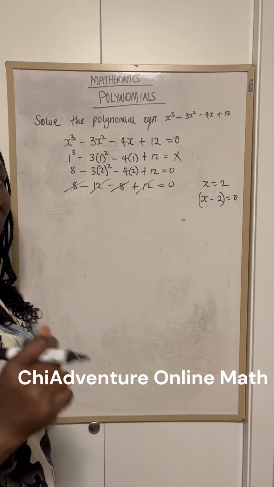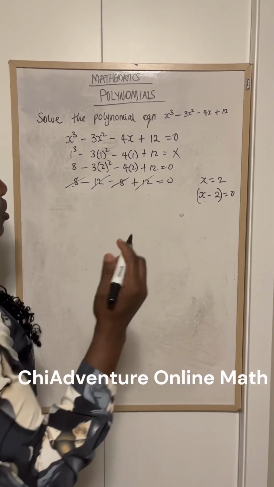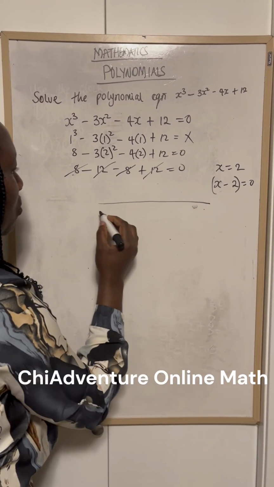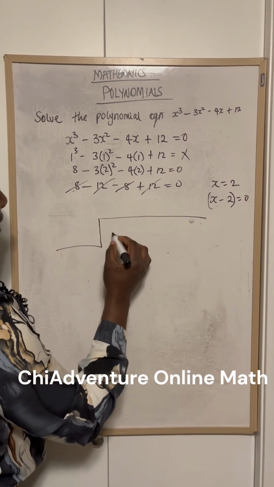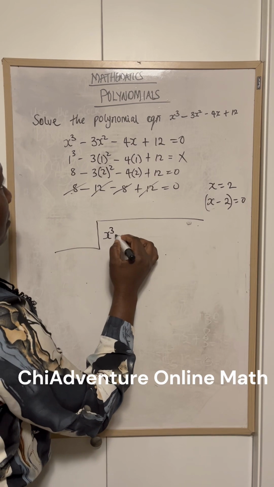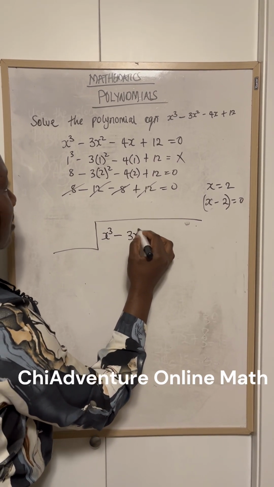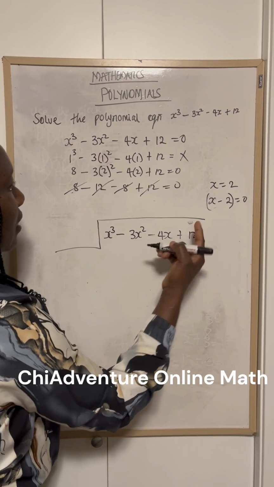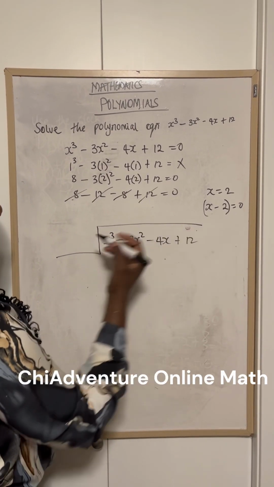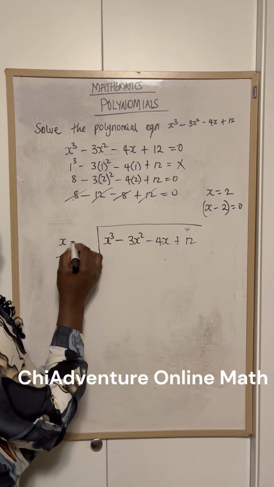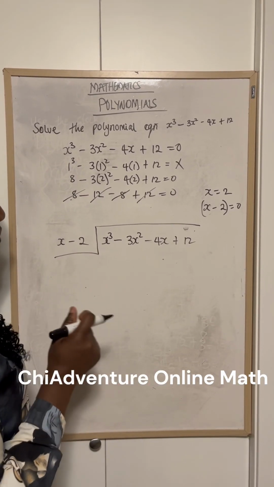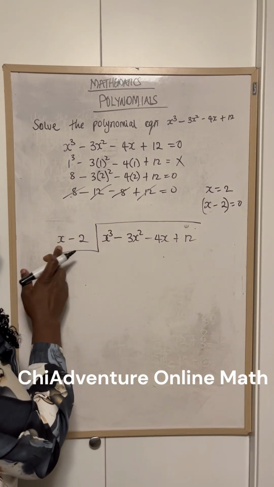Now we have to find two other factors. So what do we do? We'll have to do a polynomial division, and that is x cubed minus 3x squared minus 4x plus 12. Now this is one of our factors, so we'll just say x minus 2 here. So we're solving the polynomial equation. So x cubed here and x.